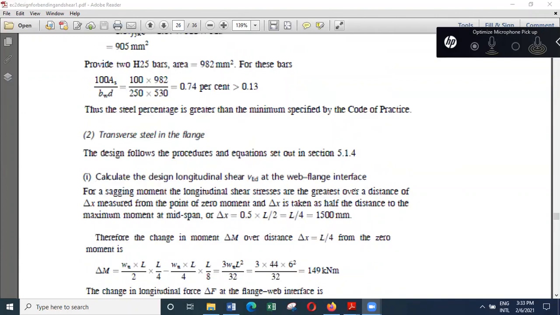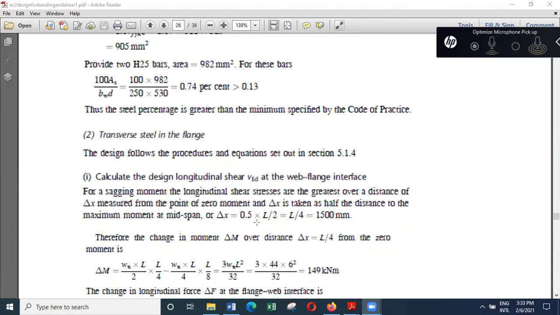And so the first thing that we have to decide is, what is the maximum moment? What is the zero moment? What is the moment halfway through that? And that means, if the span is L for the simply supported beam, we need to know the moment at L by 4.